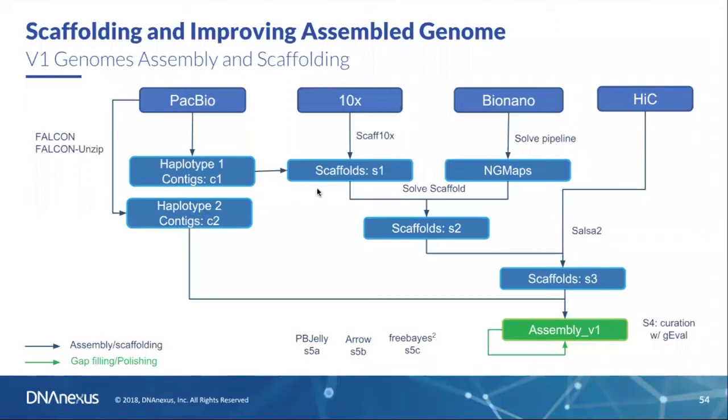The scaffolding with Bionano hybrid or Hi-C are not compute intensive. But there are some scaffolding steps that are quite compute intensive. For example, before you can run the hybrid scaffolding here, you have to run the Bionano assembly first, and that is compute intensive. And also the gap closing is very expensive as well.